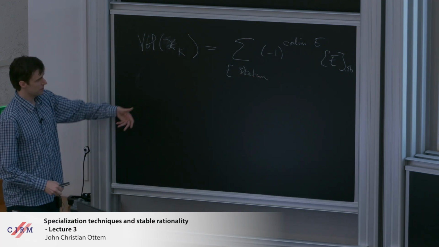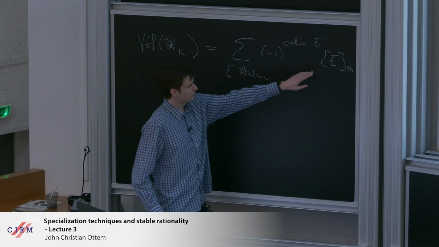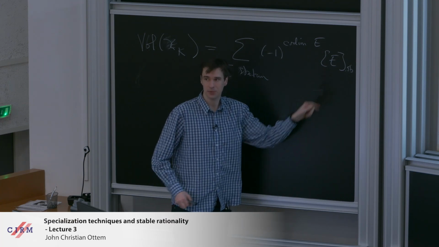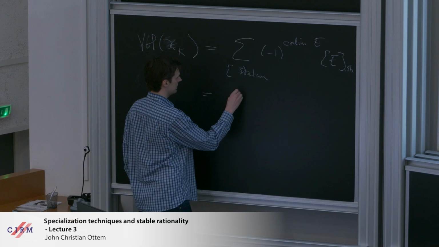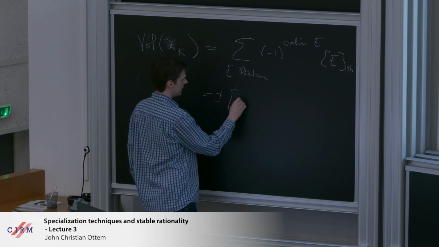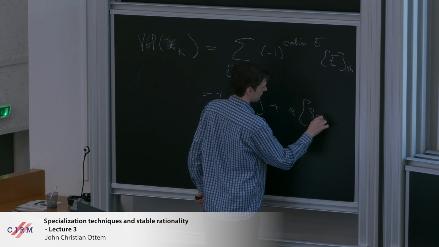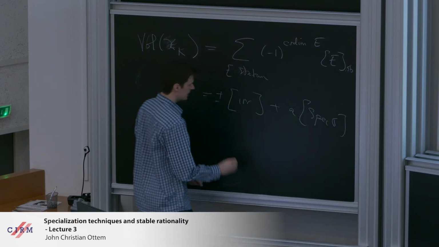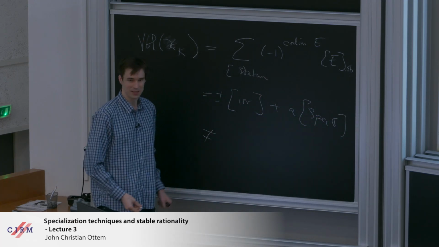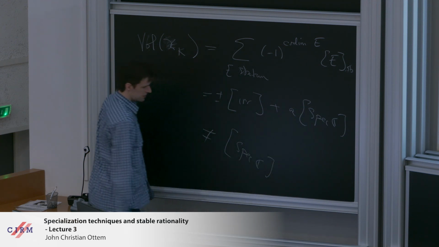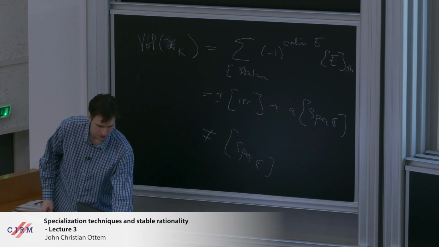Yeah, so E is one of the strata. So if there's exactly one that's irrational, then this whole thing is plus or minus an irrational class plus something, which is the class of a point. And the thing is that this will not be the class of a point. So that's the most naive thing that you can do.